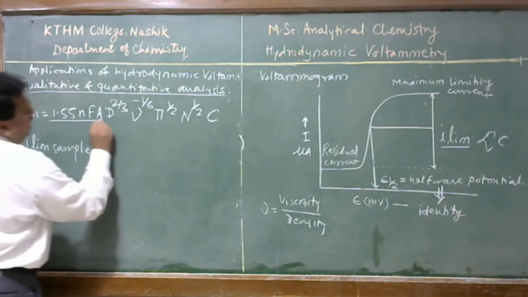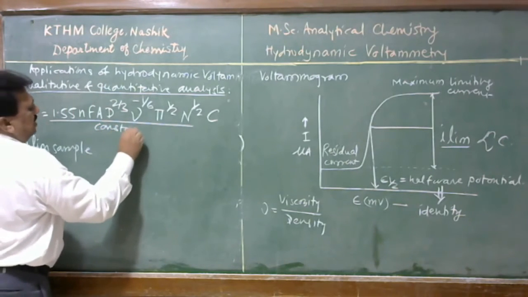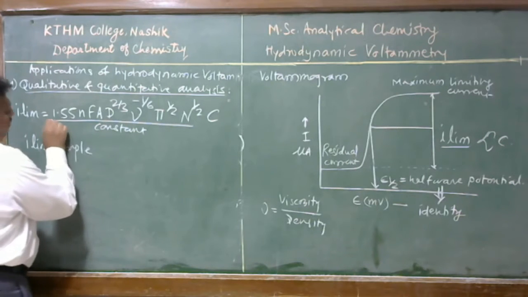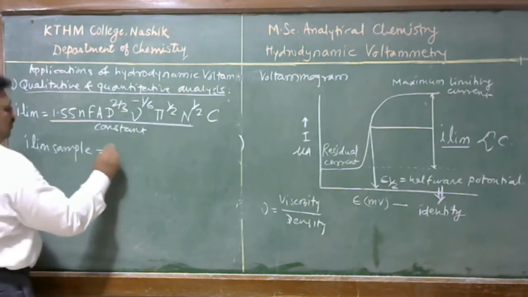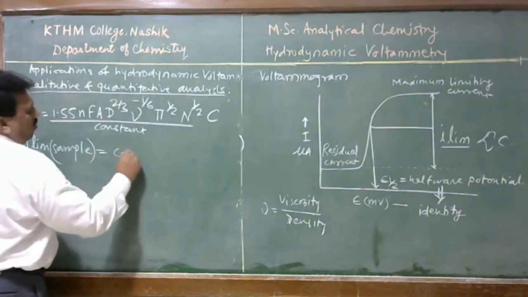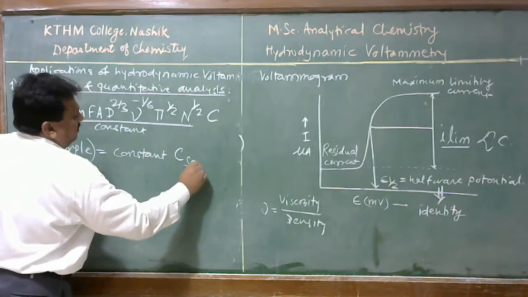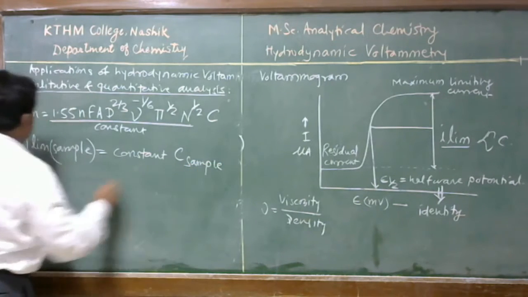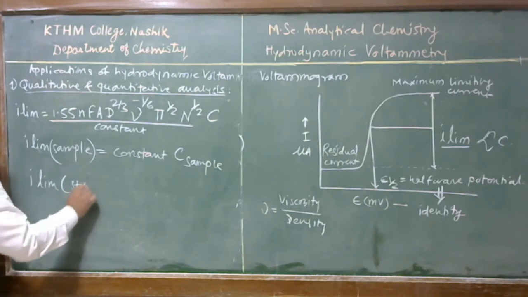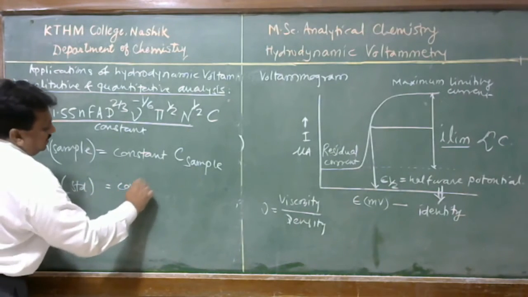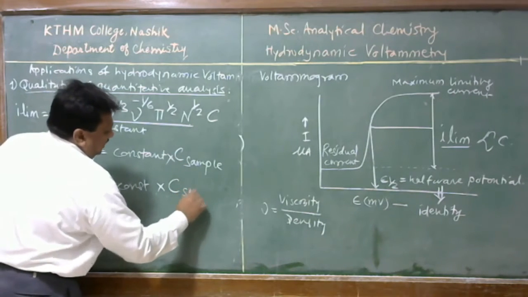When we carry out both measurements under identical experimental conditions, all these factors become constant. Therefore, limiting current for sample is equal to constant into concentration of sample. Similarly, limiting current for standard is equal to constant into concentration of standard.